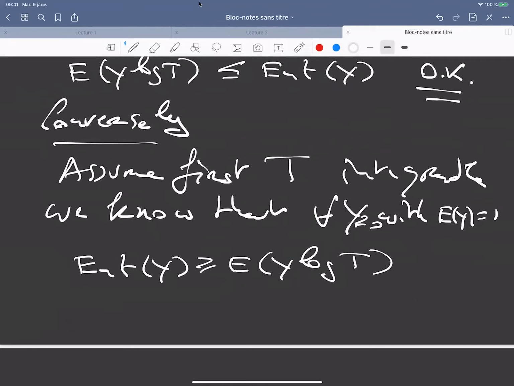And we just set, we choose y equal to t over the expectation of t.